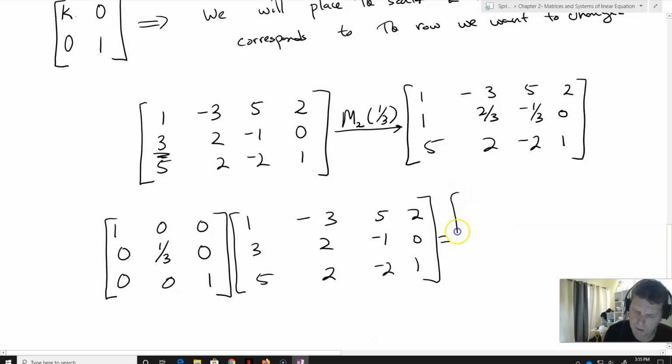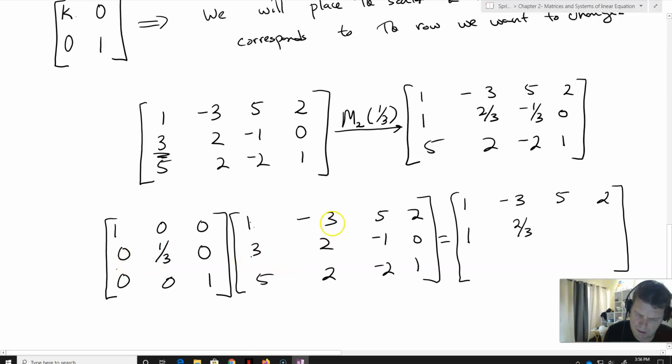And after a little bit of work, you see the first row is not going to change at all. It's going to end up being 1, negative 3, 5, 2. The second row, though, is going to be 0, 1, 0. 1/3 times 3 is going to be 1. 2 times 1/3 is 2/3.